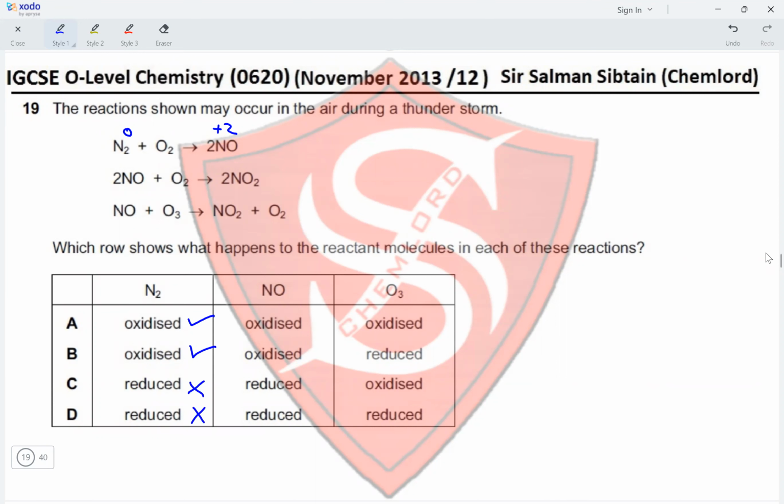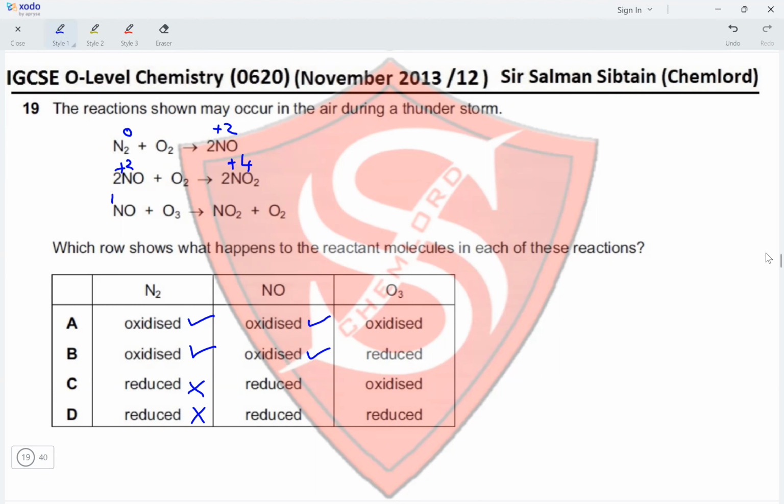Next we have NO. So NO, having an oxidation state of +2 for nitrogen, is converted into NO2, in which nitrogen has an oxidation state of +4. So +2 to +4 is oxidation, which is present in both the remaining options. In the third equation, we are looking at O3. Now, NO is converted into NO2 here as well.